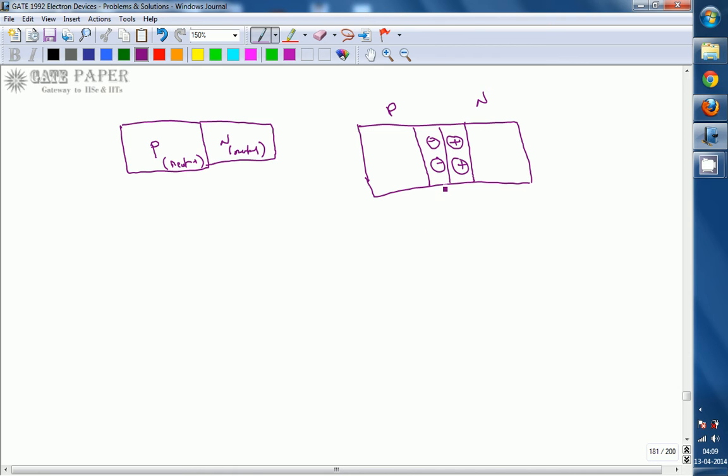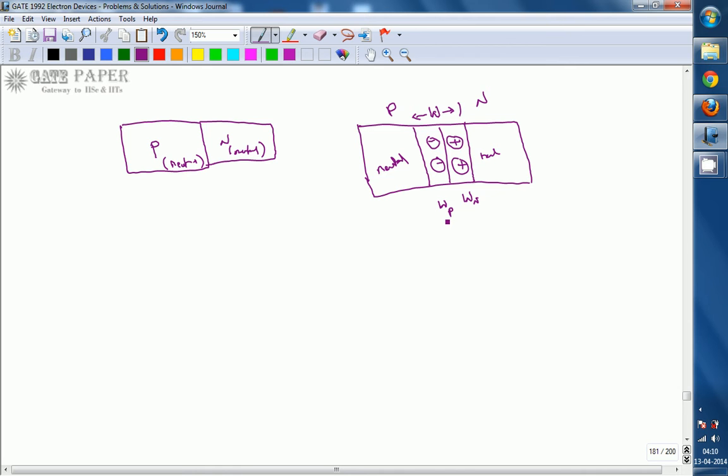These ions are charged negatively on the p side and positively on the n side, and the other region is neutral. The total depletion layer width is W, the depletion layer width on the p side is Wp, and on the n side it is Wn.